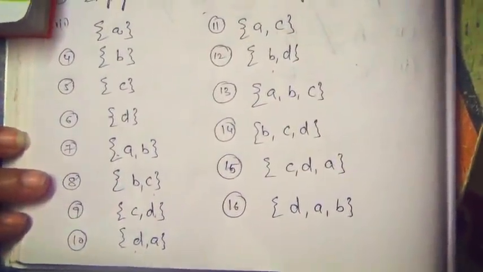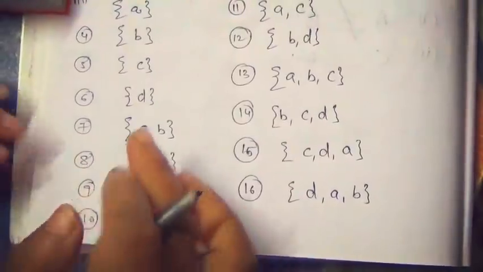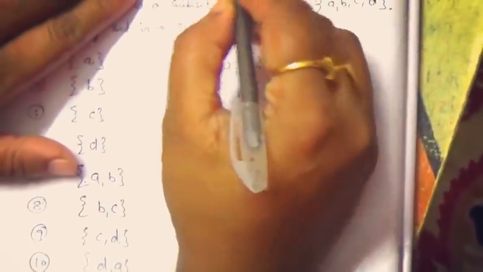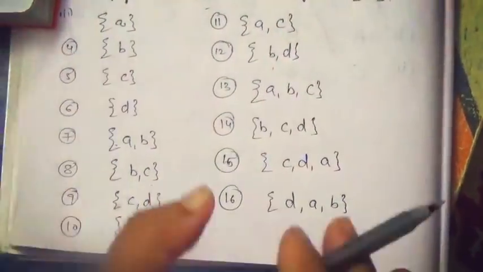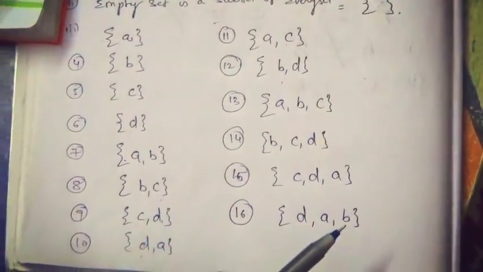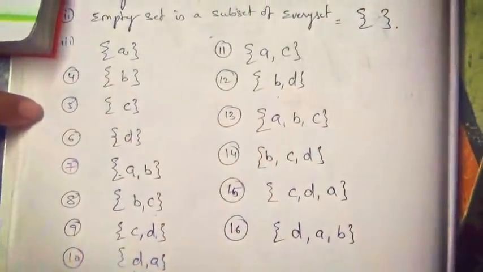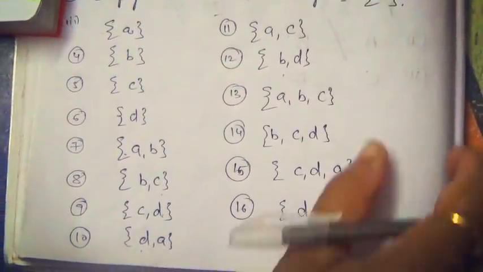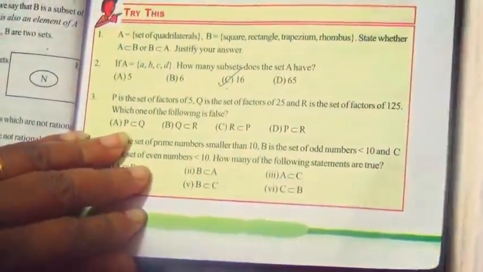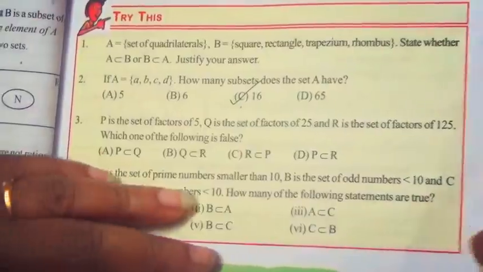Every time, find the number of subsets using this formula, and if you want to write the subsets of a set, you write like this. Okay. Next, the answer in the textbook is 16. Okay. Next, the third sum.